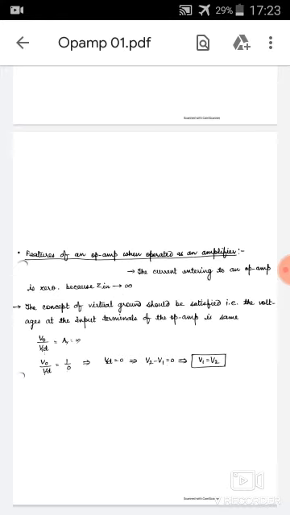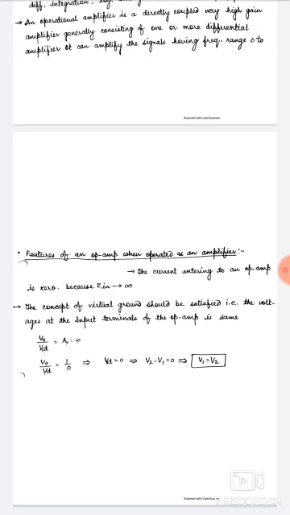This is also called the concept of virtual ground, in which V1 is equal to V2. I think after this lecture you will be able to explain the basic definition, its various modes, its characteristics and the virtual ground concept. In the next lecture we will study the inverting and non-inverting op-amp.